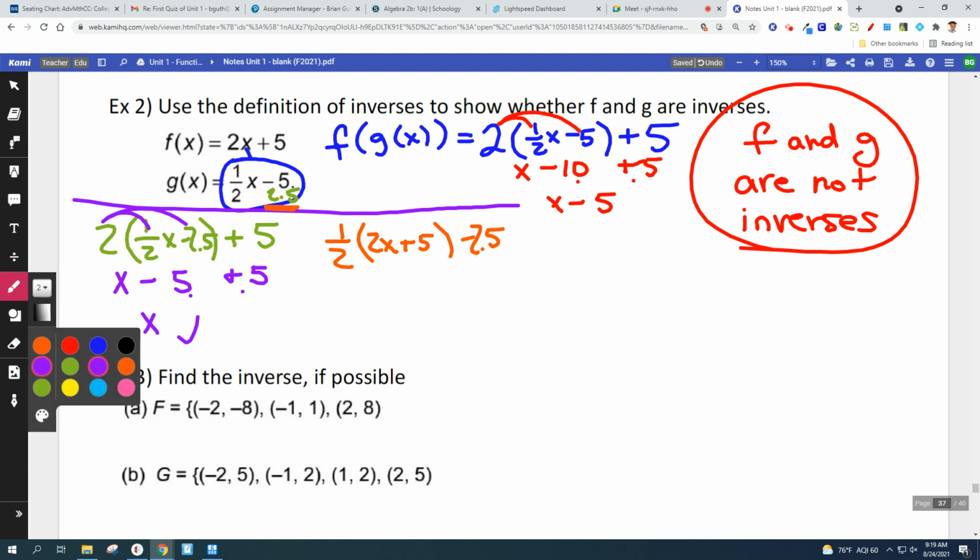So then when I distribute here, 1/2 times 2x is x, and 1/2 times 5 is plus 2.5, and then minus the 2.5. See how that all cancels out and gives me x? If both of those equal x, then yes, they would be inverses. But as the problem was written, they are not.